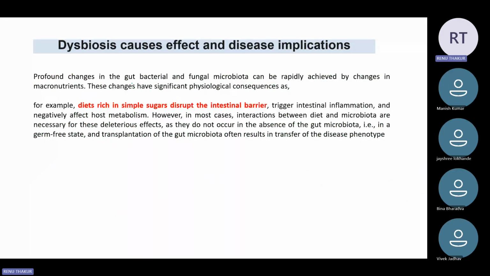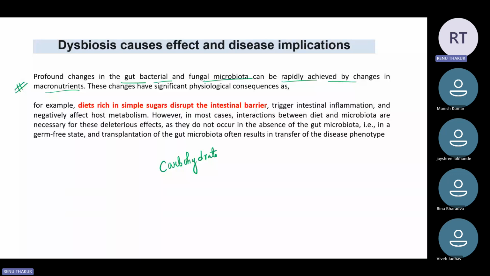Now, changes in the gut bacterial and fungal microbiota can be rapidly achieved by changes in macronutrients. This is an important point. If we talk about biochemical changes, we know that the major portion of our food is carbohydrate. We consume carbohydrate in every meal. Like at lunch, we have a good amount of rice. Rice is a staple food.